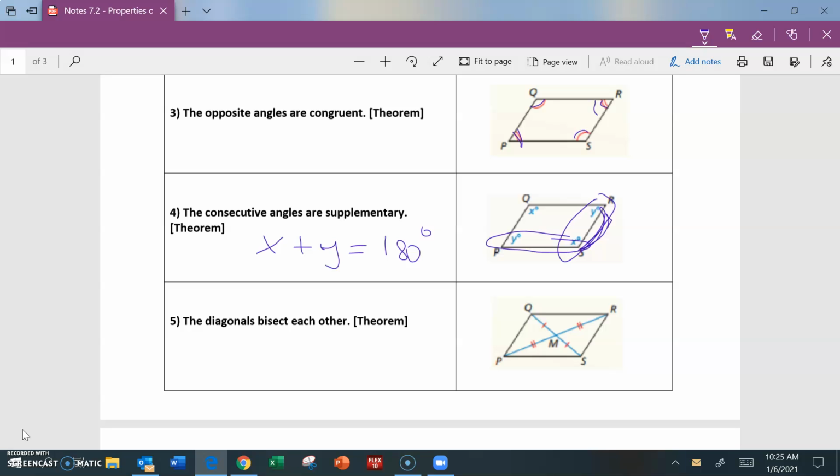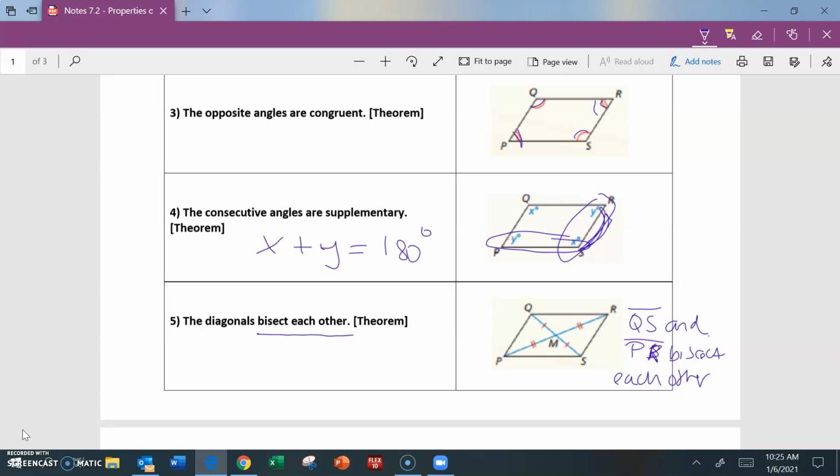And then the 5th theorem is that the diagonals bisect each other. And we should know this definition from earlier this year, but bisect means that it's going to cut it in half. So basically, you might want to write down that in this diagram, QS and PR bisect each other.